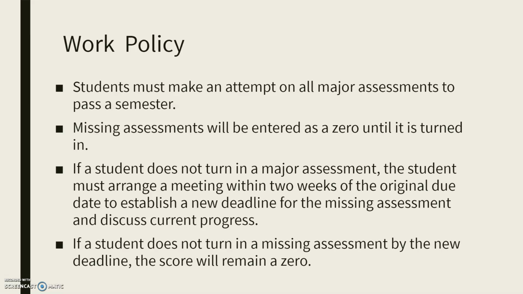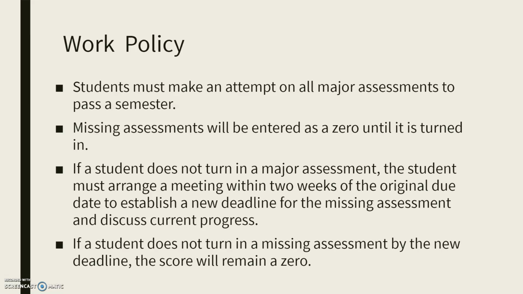Also, during this time, I will be in contact with parents or guardians to let you know that your student is missing a major assessment so that we can be on the same page and work to get the best result. But if a student does not turn in a missing assessment by the new deadline established in our meeting, the score will remain a 0.